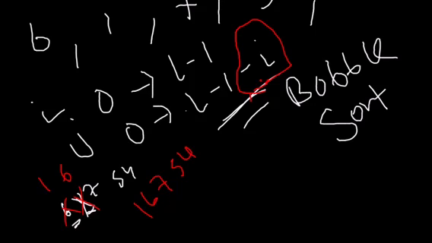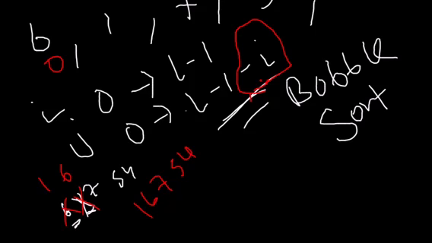So now J goes from 0 to 5 minus 1 minus I, which is 4 minus 0, so it goes till 4. We start from 0 because arrays are numbered from 0.